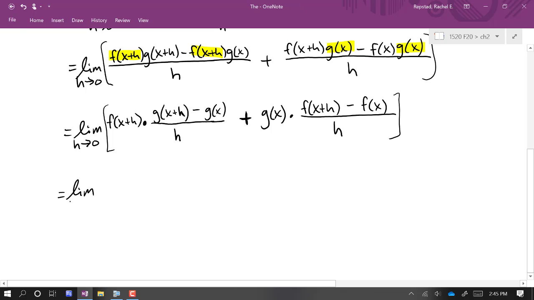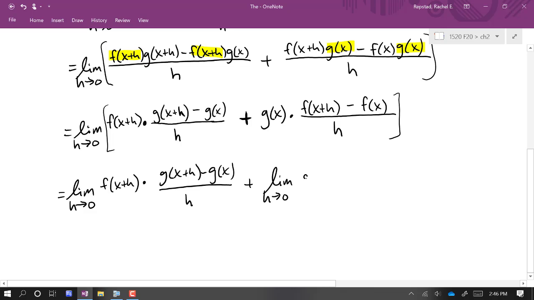The limit as h approaches 0 of f of x plus h times this fraction, g of x plus h minus g of x all over h, plus the limit as h approaches 0 of g of x times this fraction, f of x plus h minus f of x all over h.